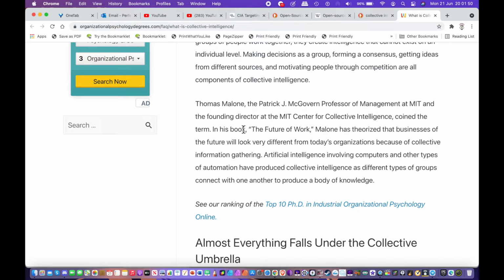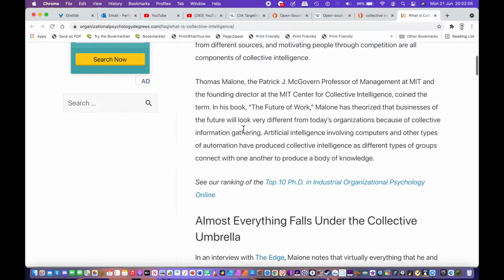Thomas Malone, the Patrick J. McGovern Professor of Management at MIT and the founding director at the MIT Center for Collective Intelligence, coined the term.